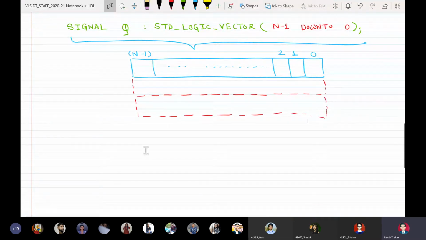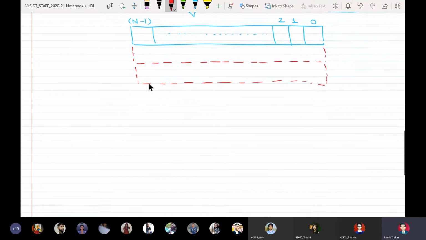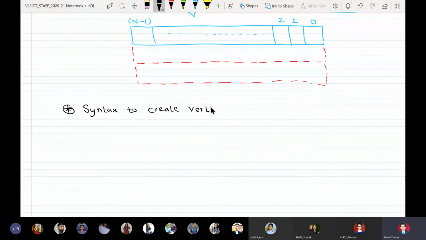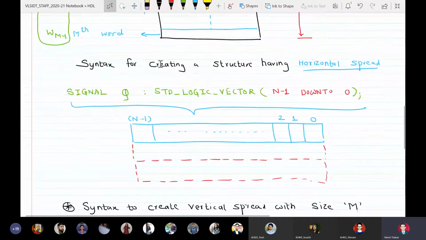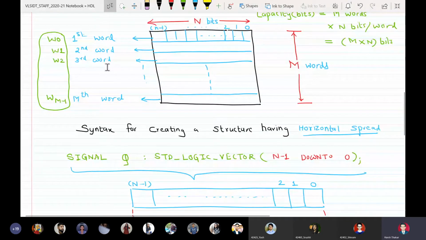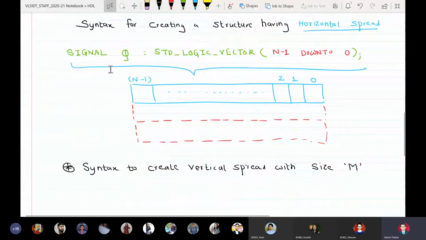So to this particular statement, we add one more keyword called array. So syntax to create vertical spread with size m. Now we are going to learn how to create this vertical spread of the structure having the size m.